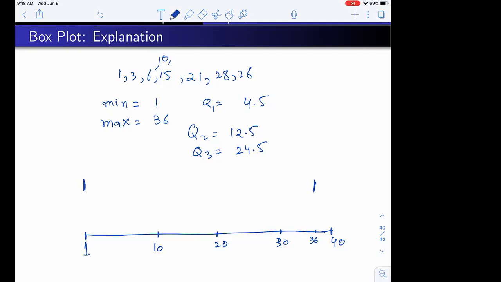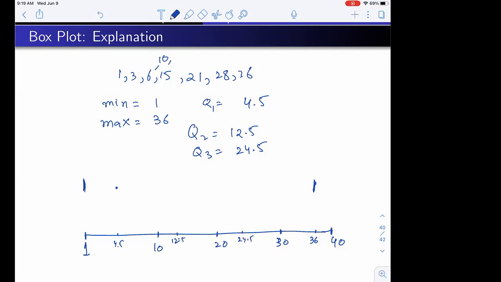So I need to find where my Q1 is. Q1 is 4.5, so it will lie a little bit before the middle, here. 12.5 approximately should be this value. And 24.5 approximately will be here.